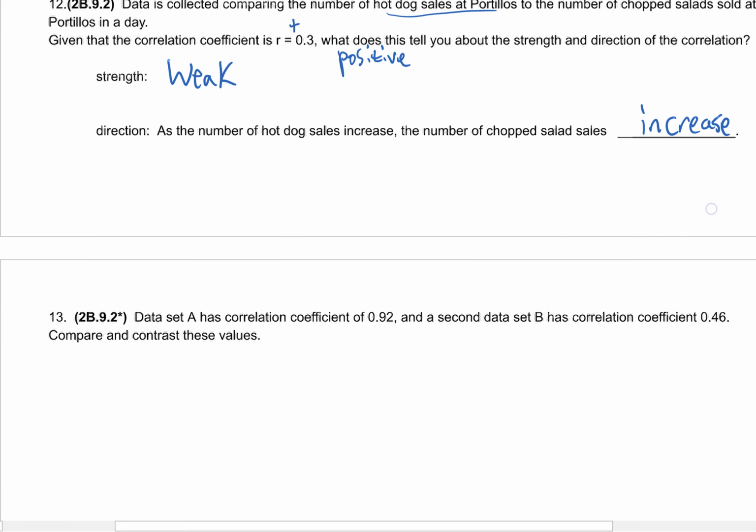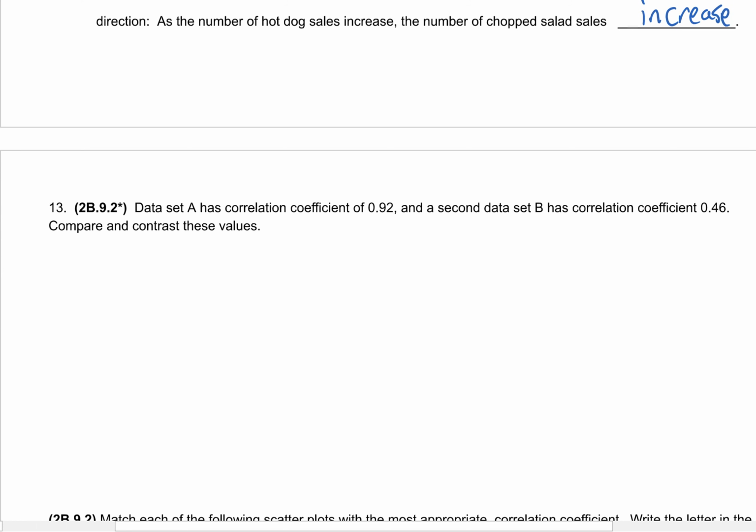All right, taking a look at our last page. Data set A has a correlation coefficient of 0.92. Wow, that's very strong. Set B is 0.46. That's actually weak. But compare and contrast these values.